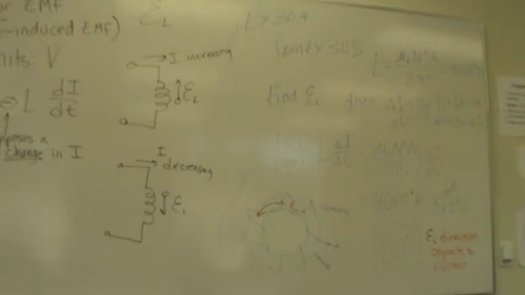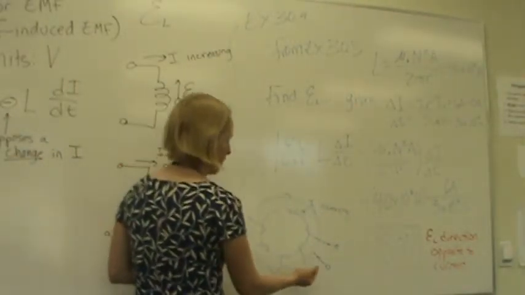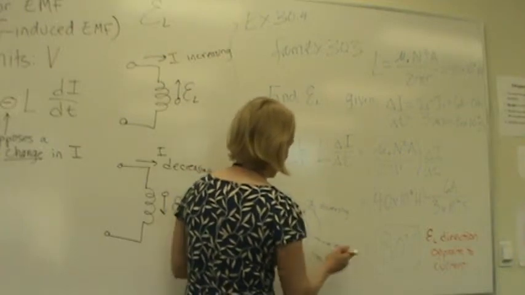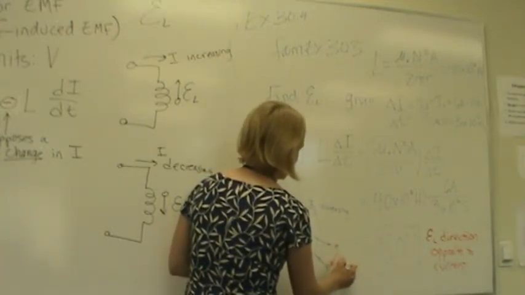They don't have a toroid. Those are solenoids. That's not helpful. Yeah, so I think maybe more useful is if you're driving current through this way, then your induced EMF would be like that.